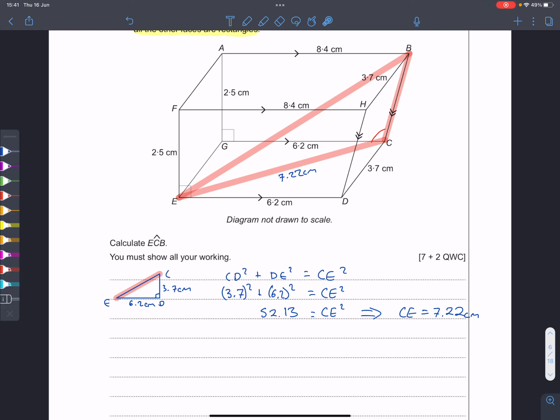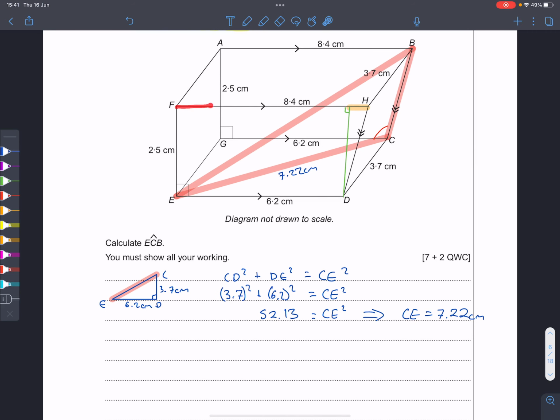If I create a perpendicular from D, so if I go up here, so I make that a right angle, then I can work out this little bit by here. Because I know that it's 8.4 centimetres all the way, but it's only 6.2 up to this point.